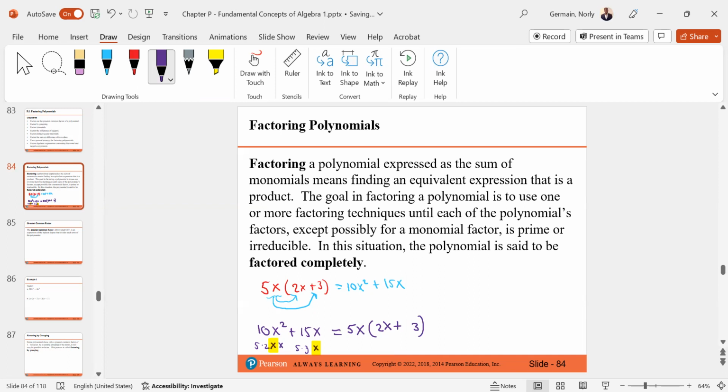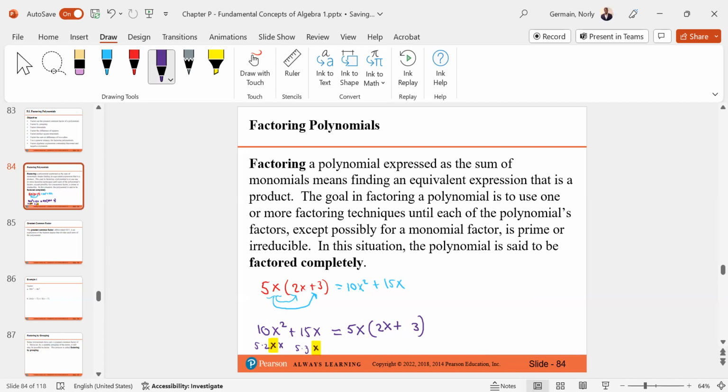We call this process factoring. I know we go very quickly. Factoring a polynomial expressed as a sum of monomials means finding an equivalent expression that is a product. Our goal here is to factor over the set of integers, meaning that the coefficients in the factors are integers.